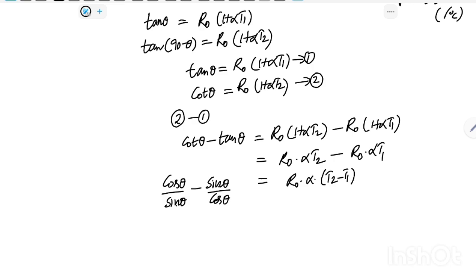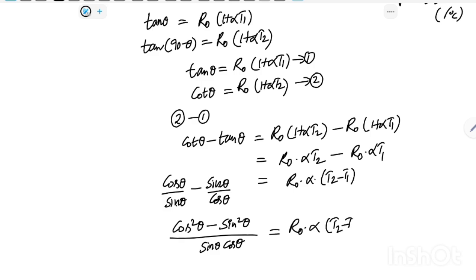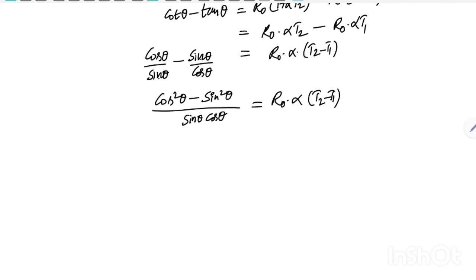Okay, now if you take the LCM and do the cross multiplication, you will get cos square theta minus sin square theta in the numerator divided by sin theta multiplied by cos theta, and it is equal to R naught into alpha into T2 minus T1. This is alpha, not proportional. Just don't get confused between these two.